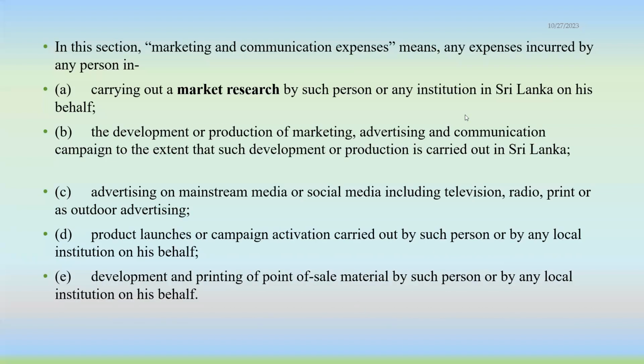So, out of these 5, this one should be carried out in Sri Lanka, and this one also should be carried out in Sri Lanka, and the last one also should be carried out by a local institution in Sri Lanka. That means you can see that most of these advertisements we carry out by Sri Lankan institutions, local institutions.